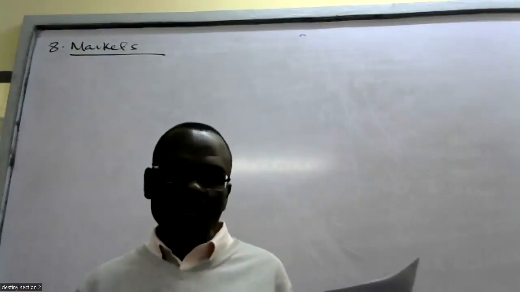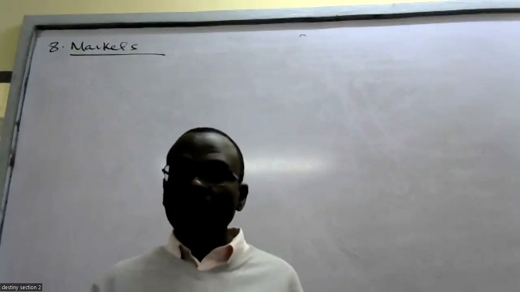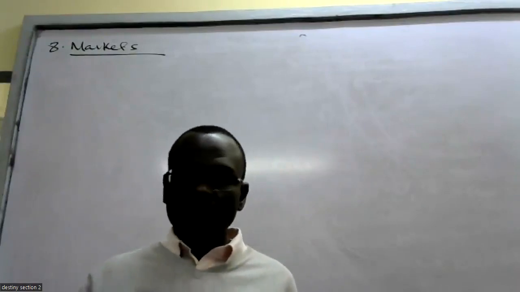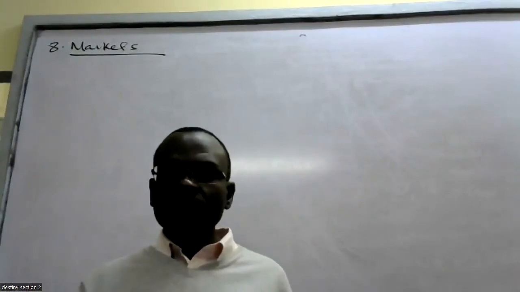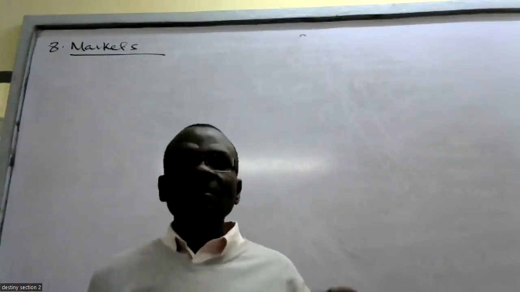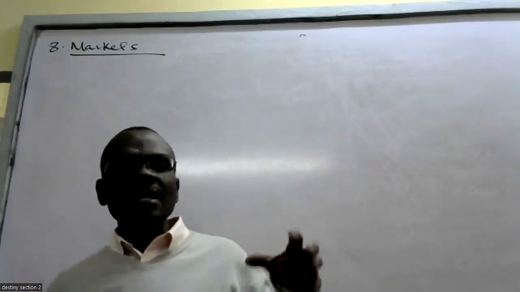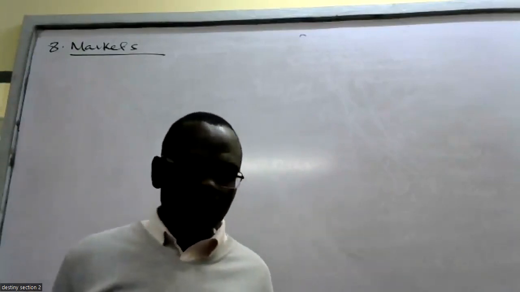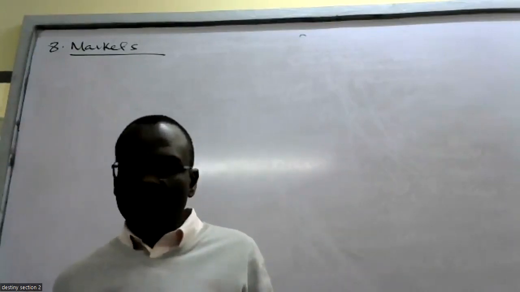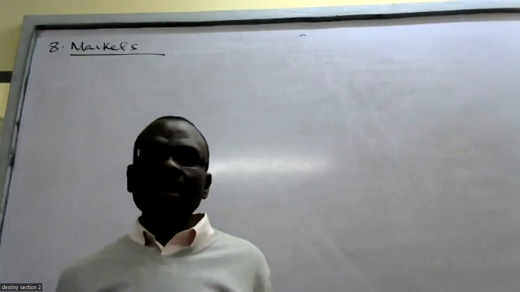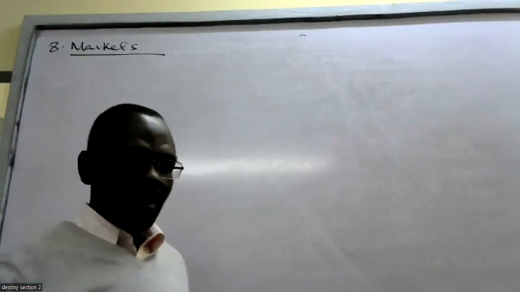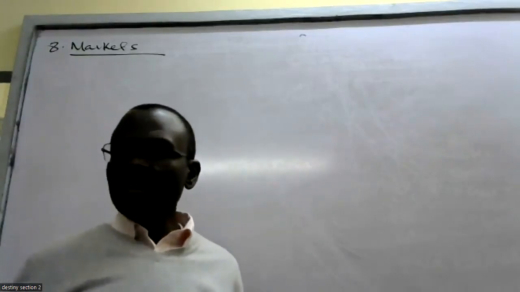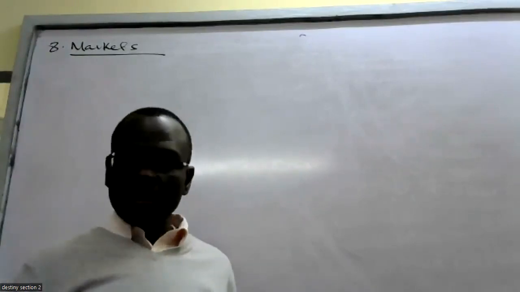The second assumption, the second condition, is called product homogeneity. This is important. Product homogeneity means that the products in this market are the same, both in technical terms and in usage. There's no difference. In other words, if I'm given the product of farm A and farm B, they are indistinguishable.